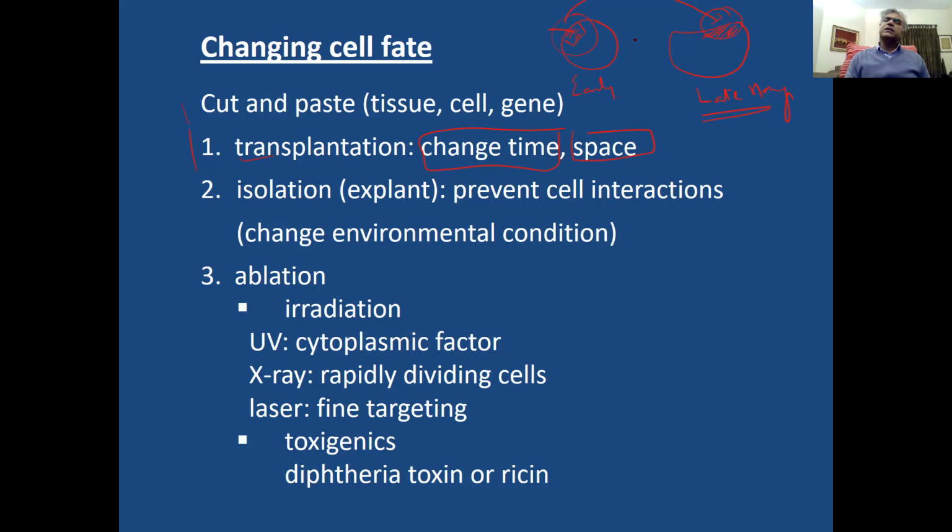So you do such cut and paste experiments. You play with both time, early or late, or late can also be transplanted into the early, and space as well.